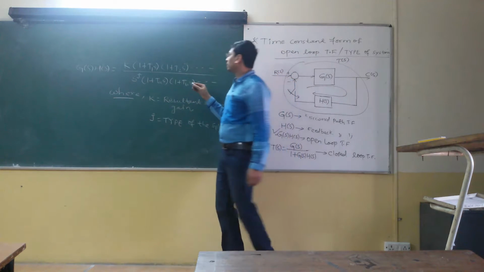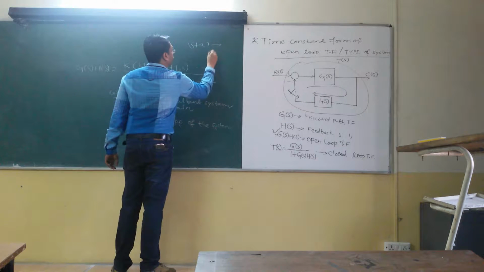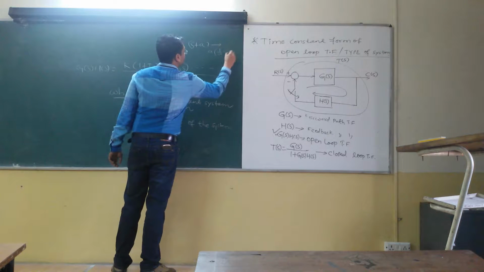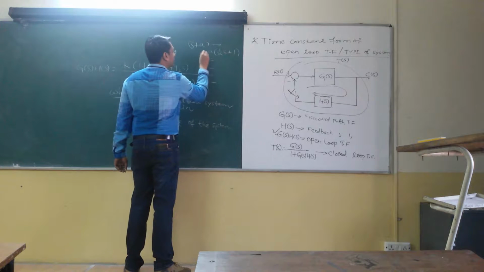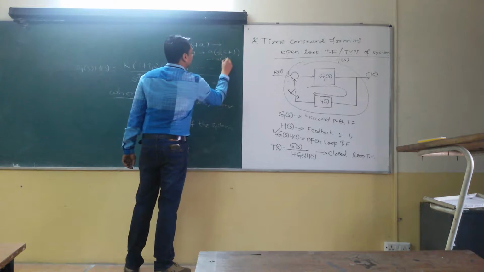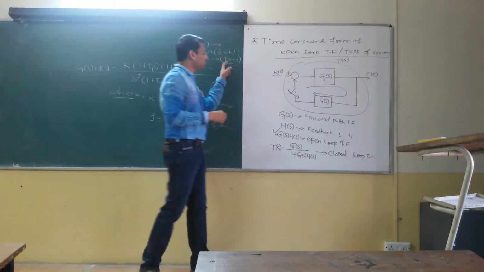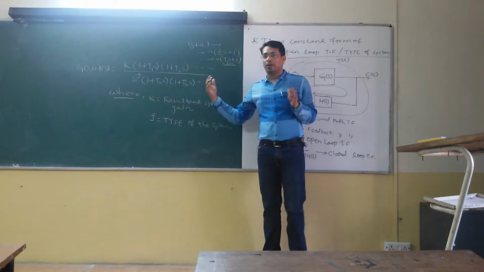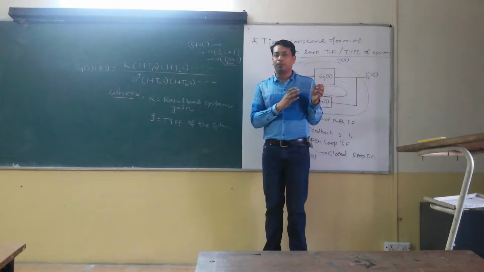If you are having an (s plus a) term, you can take a common. So what you get is (1 by a)s plus 1. You can write this as T1 s plus 1, where T1 is your time constant. Your system can have multiple elements, multiple blocks, each having a different time constant.